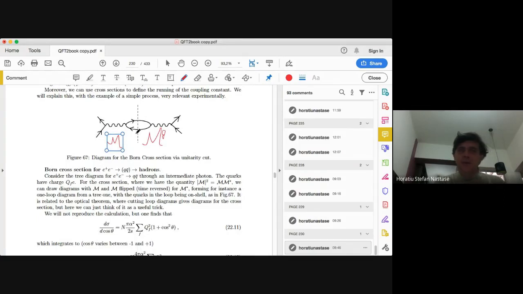Then QQ bar, as I said, hadronizes, which means it creates a number of hadrons. It could even create another particle.